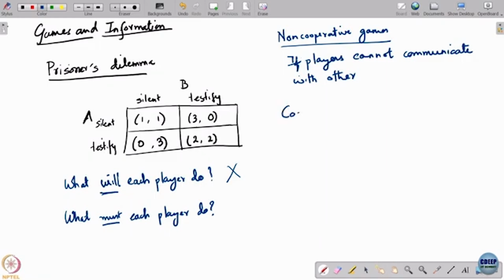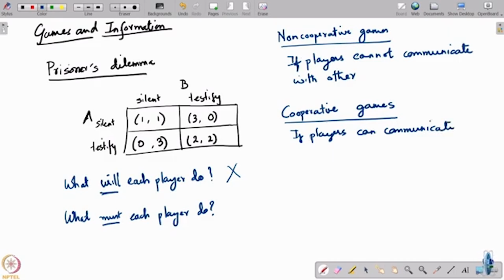The other extreme, this is not the negation, but another extreme, is cooperative games. Cooperative games are when players can communicate with each other and enter into binding agreements.